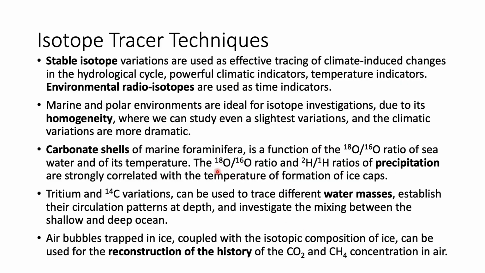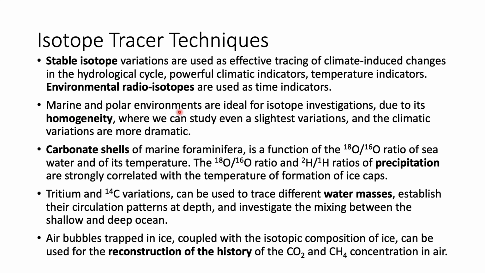So what are isotope tracer techniques? Stable isotope variations are used as an effective tracer of climate induced changes in hydrological cycles, and as powerful climate indicators and temperature indicators. Environmental radioisotopes are used as time indicators. So using isotopes, we can measure that, and we will be looking at how it can actually be done.